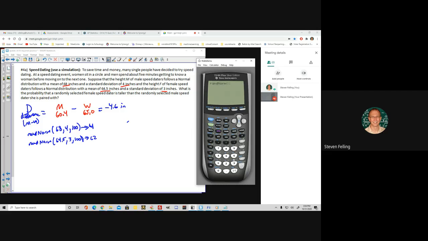And then we'll go 64.5, sorry, 64.5 is the mean, comma 3, the standard deviation, and then comma 100 to get 100 values. Close parentheses, store that, second 2 to store it in list 2, and then hit enter.